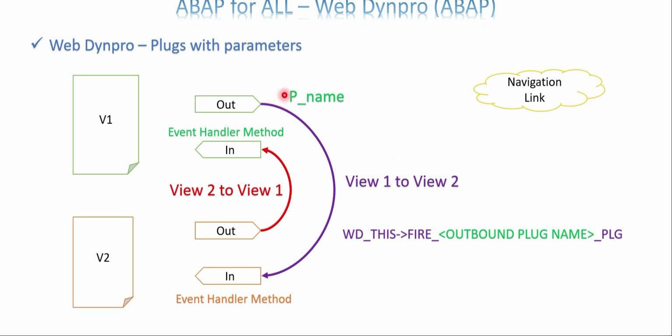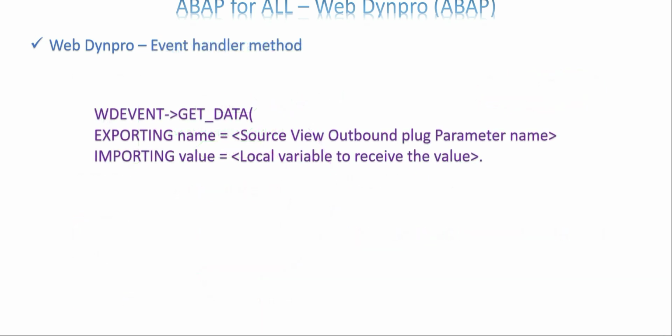There is no plug parameter to parameter communication. You have a parameter and an event handler method, and inside the method you just write code to receive the value of your outbound plug parameters. Same thing over here also: if you want, you can pass a parameter, but it needs to be received through event handler method coding only. Hope you're able to get it.